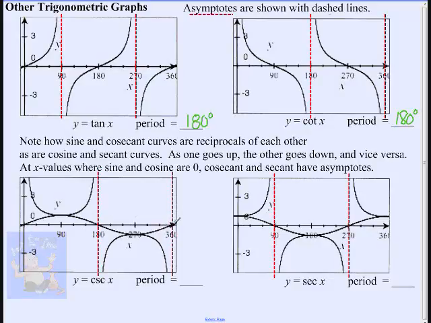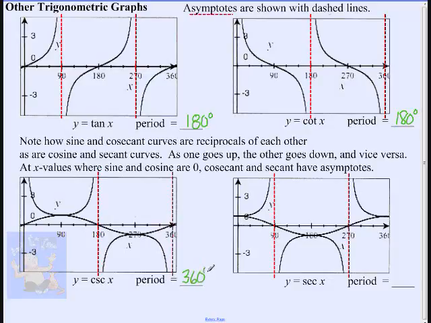That's not a bad idea. Draw it in. When you have to do a graph of cosecant, draw its reciprocal partner. We're so familiar with the sinusoid. Then you can see every place where there is a 0, that's where you put in your asymptote. And between the asymptotes, you draw these U-shaped branches, 360 degrees.